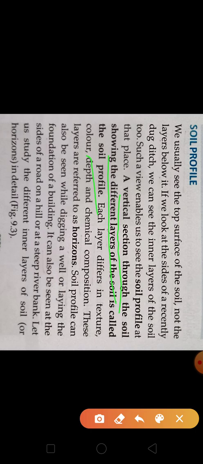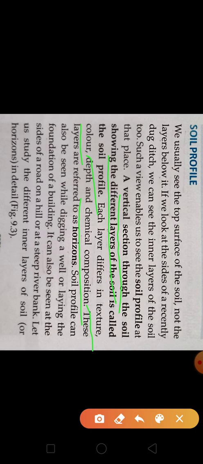Each layer like A, B, C and D has different texture, color, depth and chemical composition.